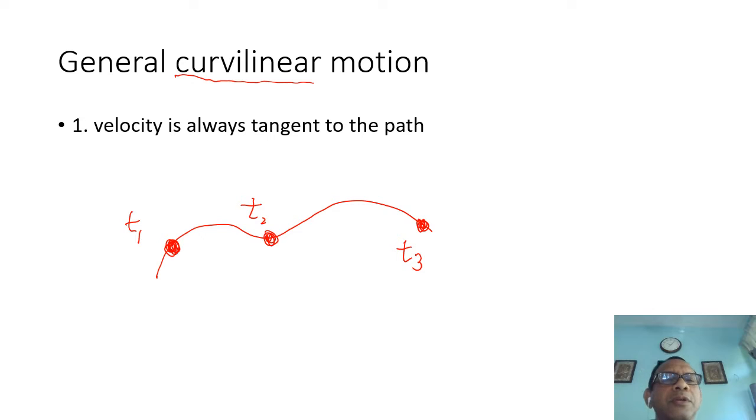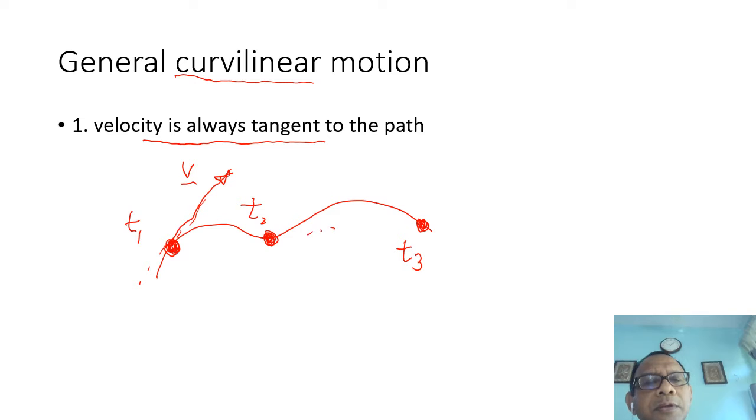So the velocity of the particle is always tangent to the path. This is just the first point that I want you to get across, that the velocity is always tangent to the path. So where is the tangent to this? Let's say this is the tangent. So that is the velocity. I'm going to underline v because it's a vector now. And at t2 there is a tangent to this particular curve.